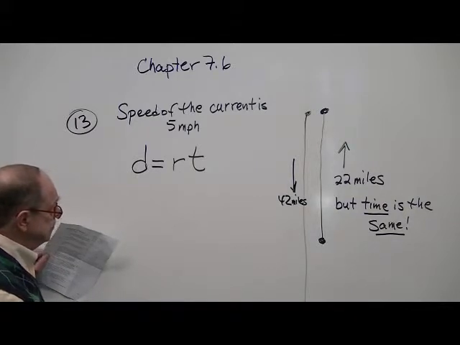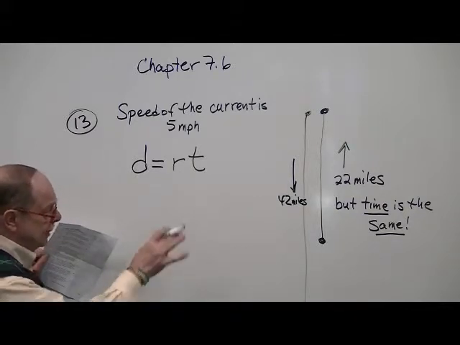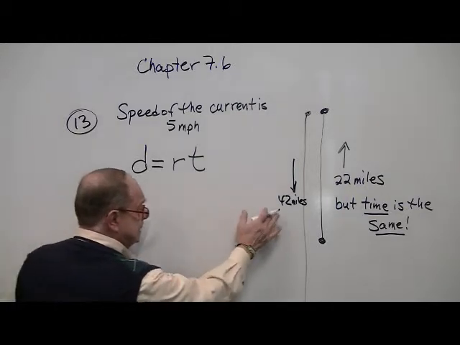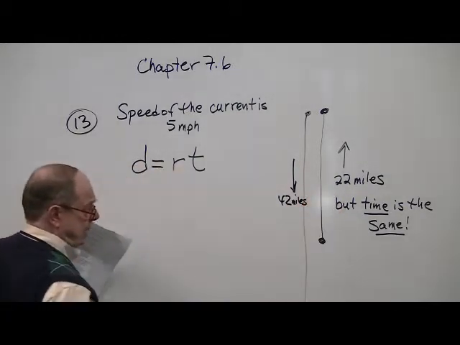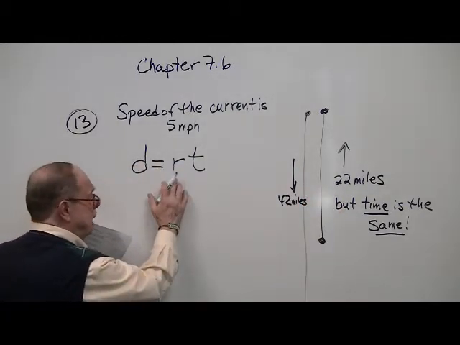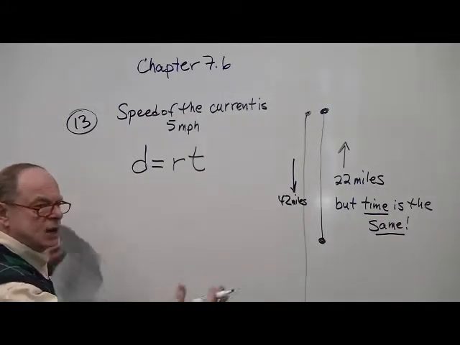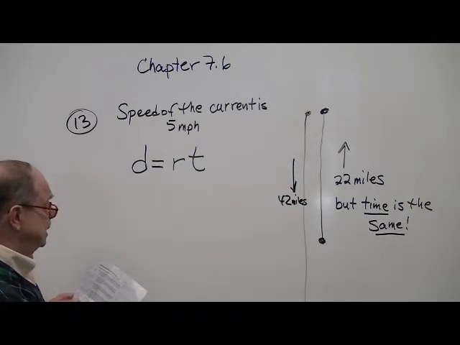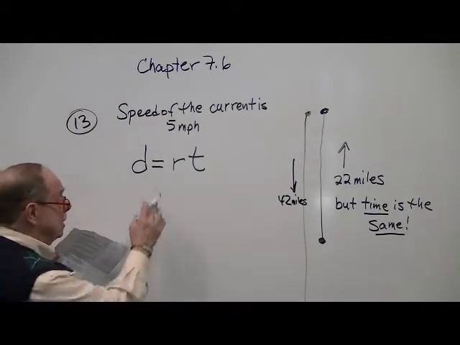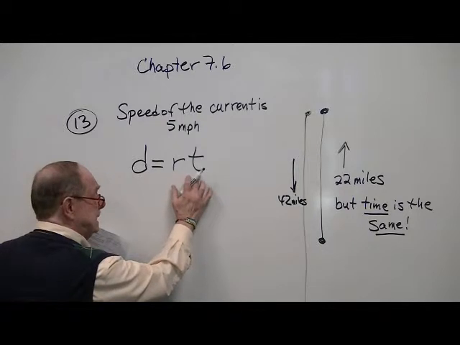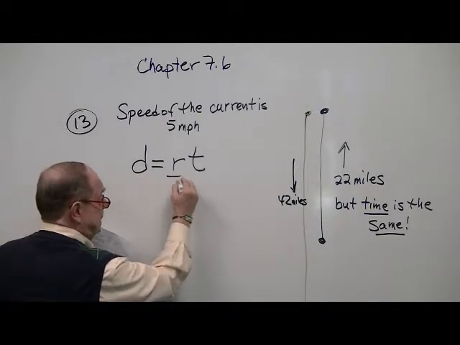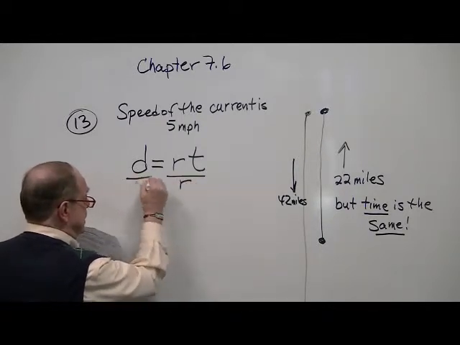Now, what do we know about this? Well, we have some distances, and we don't know the rate, but we know the time is equal. So what I'm going to do is solve this equation for t by dividing both sides by r.